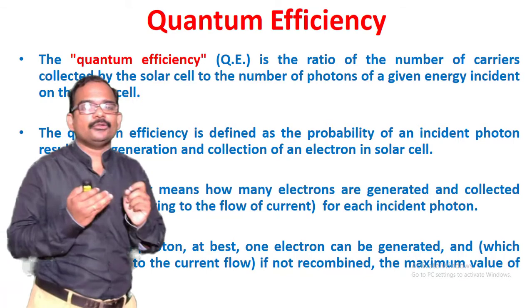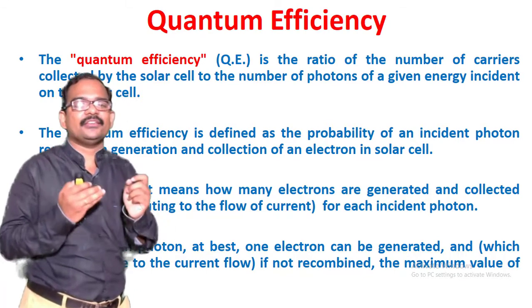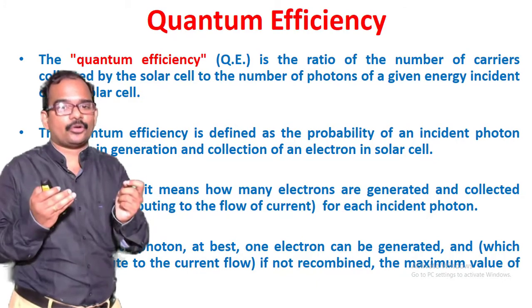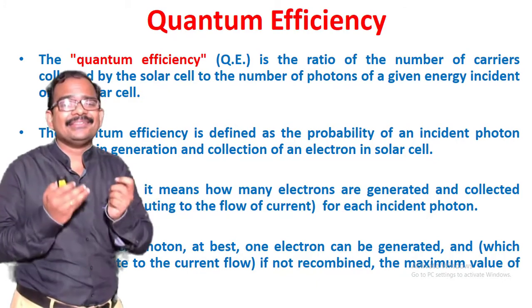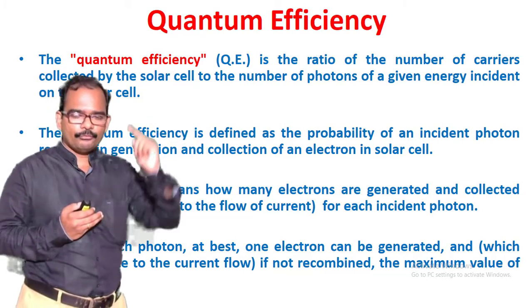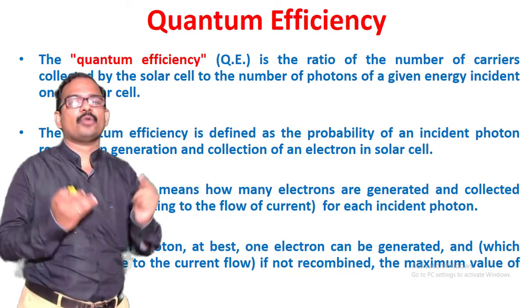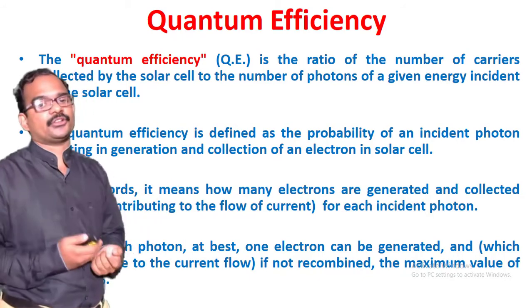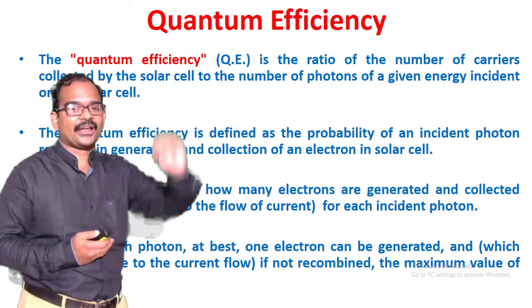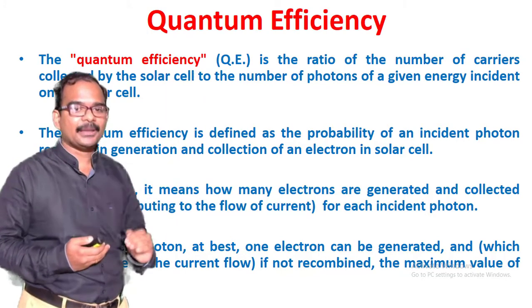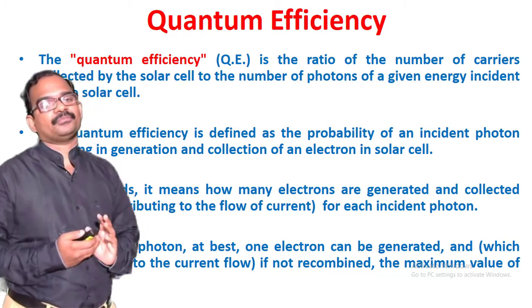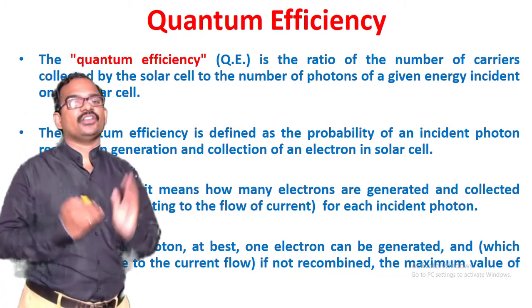So the maximum value of quantum efficiency, if there is no recombination of this light generated electron from the photon, is 100%. If I get one electron from one photon, then I will get the quantum efficiency as 100%. That is the number of charge carriers, that is the number of electrons collected from the solar cell, divided by the number of photons incident on the solar cell is nothing but the quantum efficiency.